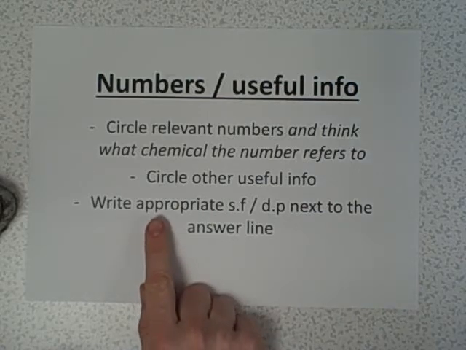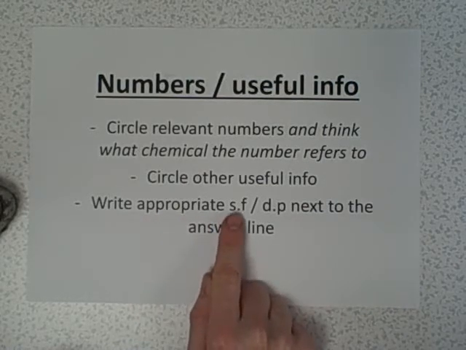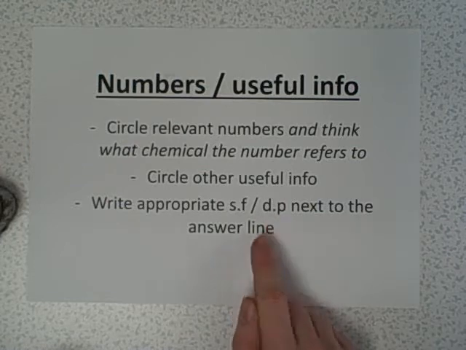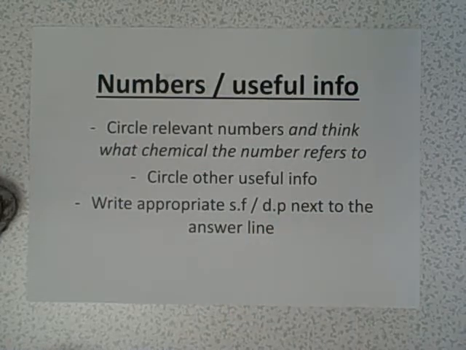And if it says to write an appropriate number of significant figures or decimal places in the question, before you start the answer, underneath the dotted line where you write the answer, write down what that number is. So if it said round to 2dp, underneath the answer line, before you start the question, write down 2dp. Otherwise, you get so caught up in the question.